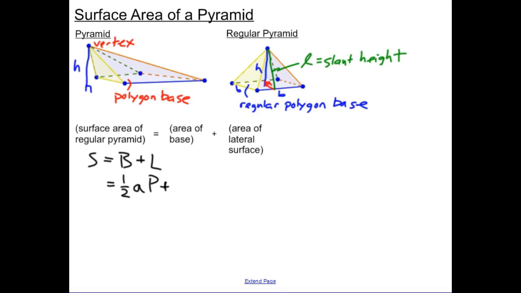And one can see that there's a relationship between the slant height, the actual height of the pyramid and the apothem. Namely, that L squared is equal to A squared plus H squared, because it forms a right triangle.